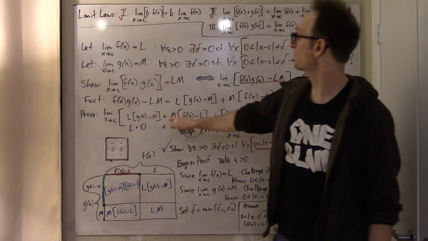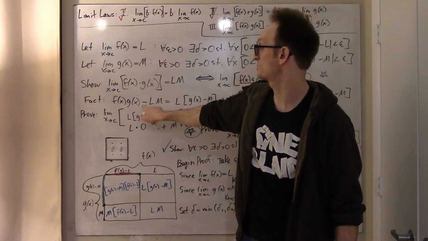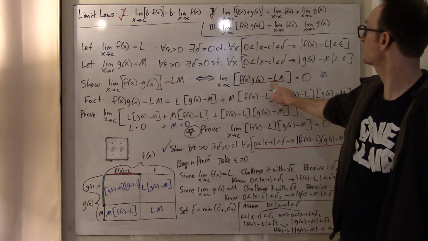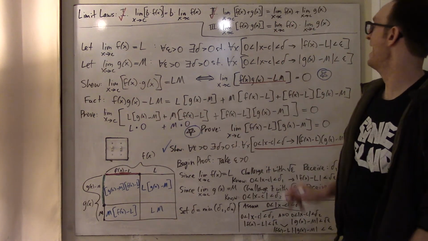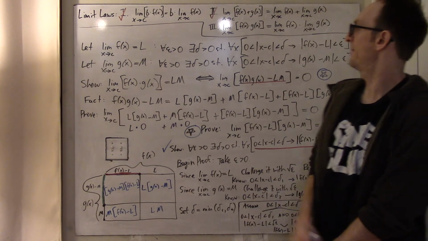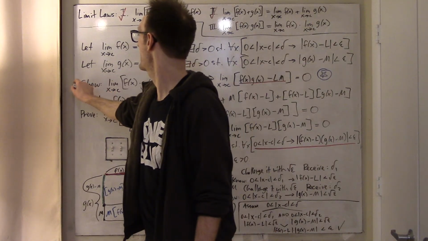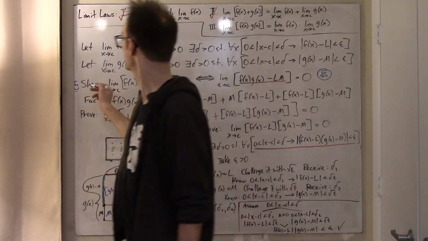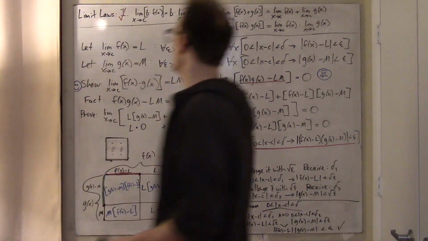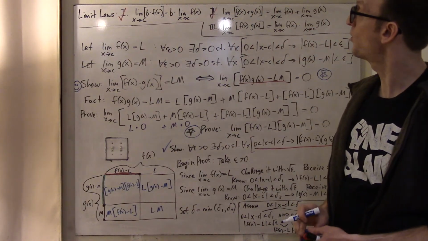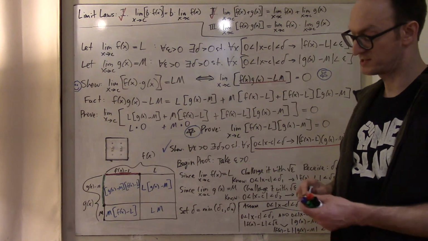But the sum of all three of these is just this. And so I have now shown that this is 0, and by the lemma, that shows that this product is Lm. And so we are done.